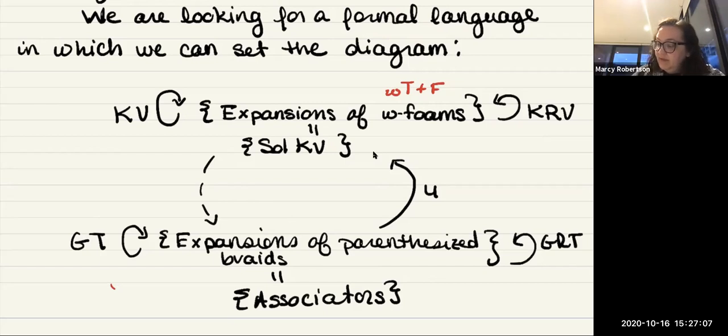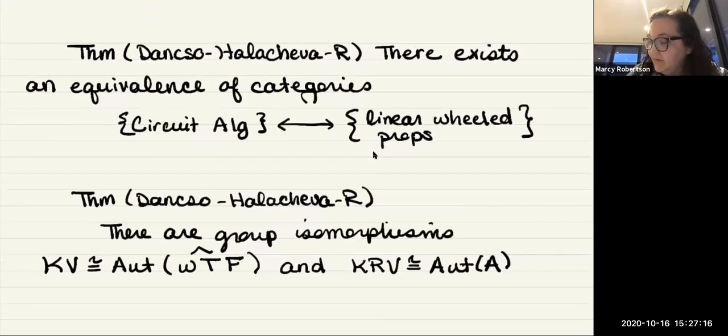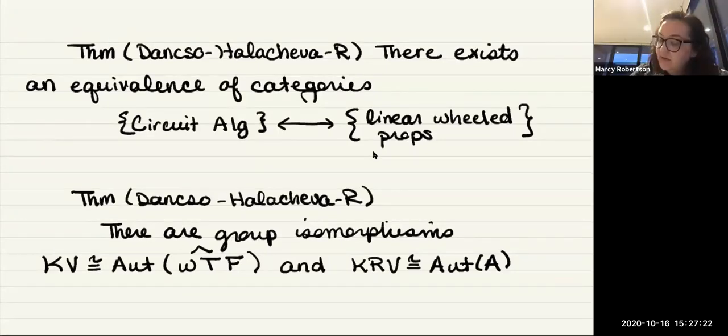All right, so I'll state some theorems. The first one has already appeared; we wrote a small paper for the formalism, and the second one is on its way. The theorem is that these circuit algebras are a type of category, which I'll explain to you, called a linear wheeled prop.